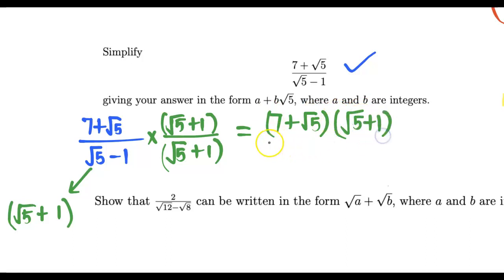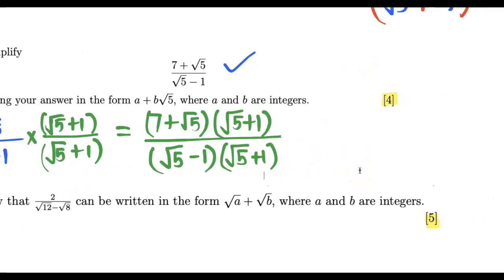The students who are going through all the videos would understand, and these things would be easier for them, because there's nothing new being introduced here. We've discussed everything, even the next method we're going to use, in the previous video. As you can see, we have the same terms, root 5 and 1, but in one bracket it is the difference and in the other it is the sum.